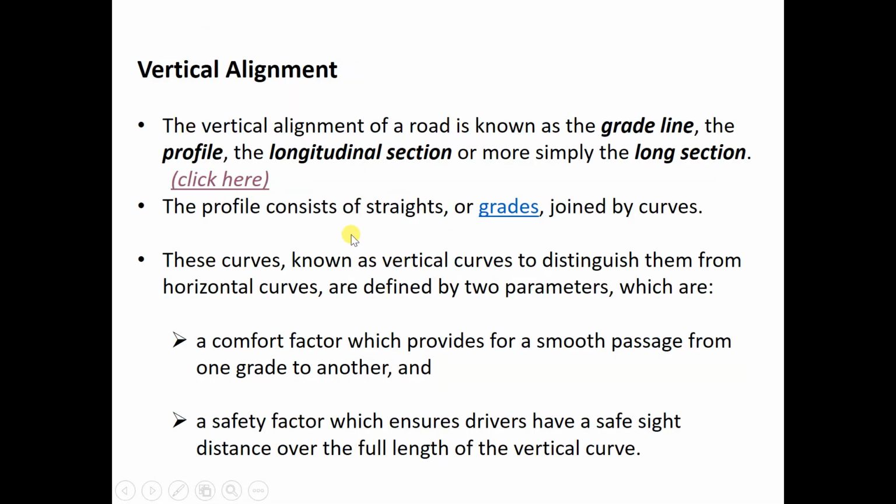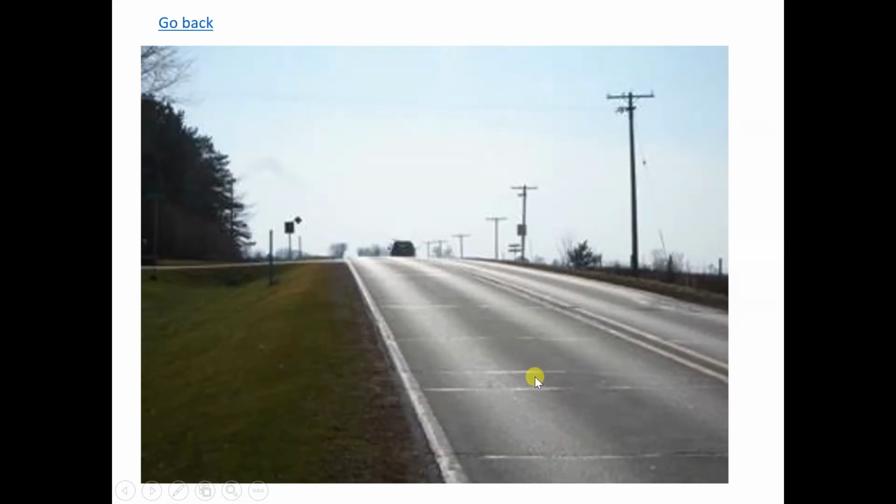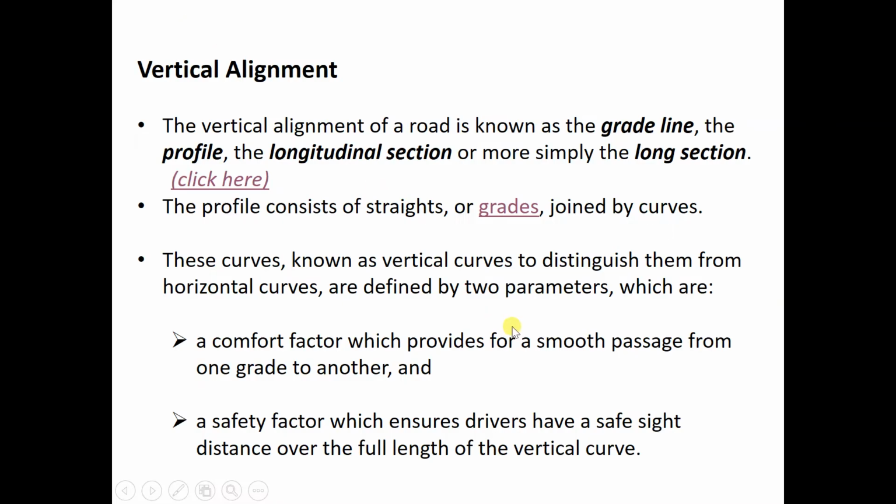The profiles consist of straights or grades joined by curves. So these are the grades, and they can be positive or negative. Going uphill is positive, going downhill is negative. These curves, known as the vertical curves, to distinguish them from the horizontal curves, are defined by two parameters.